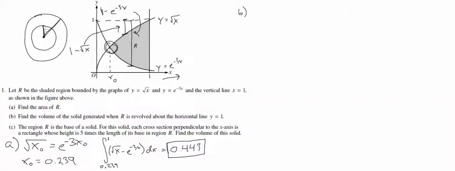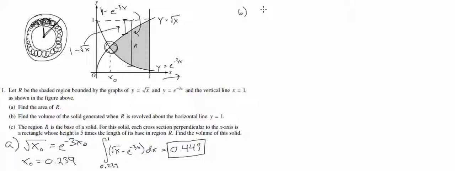And the cross-sectional area is the region between those two circles. So how do we find the area of the region that I'm filling in here? Well, we just take the difference between the area of the bigger circle and the area of the smaller circle. So we want to subtract the area of the smaller circle from the area of the bigger circle.